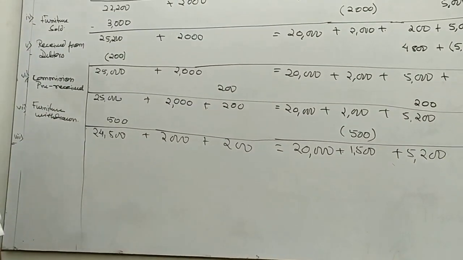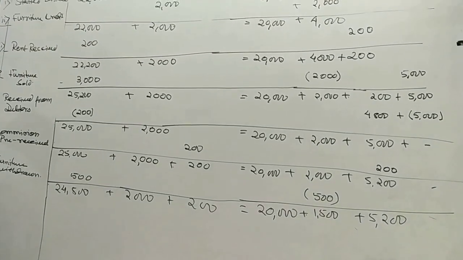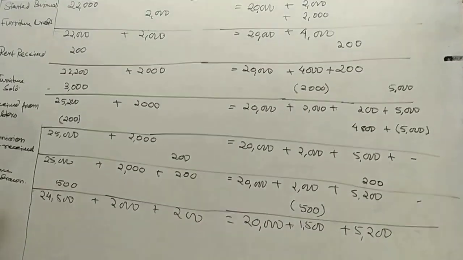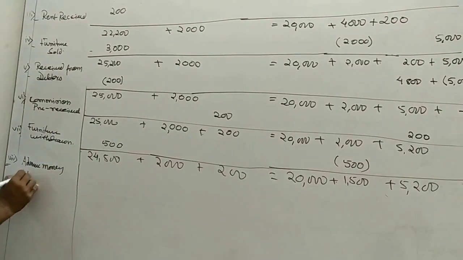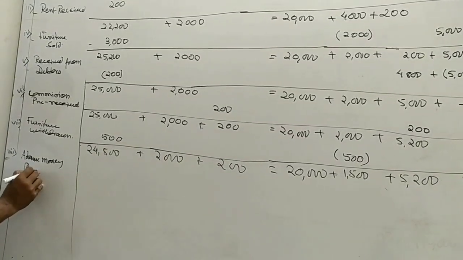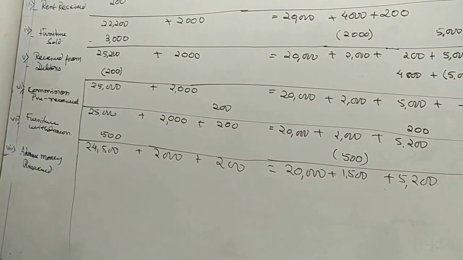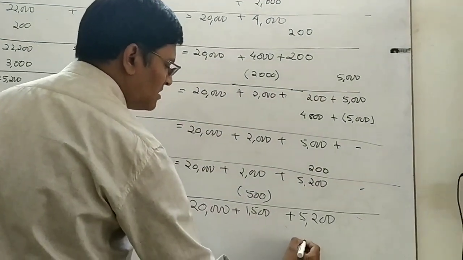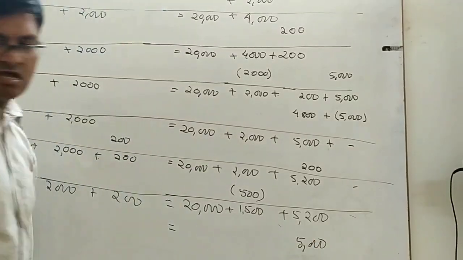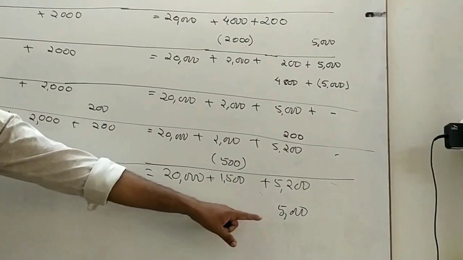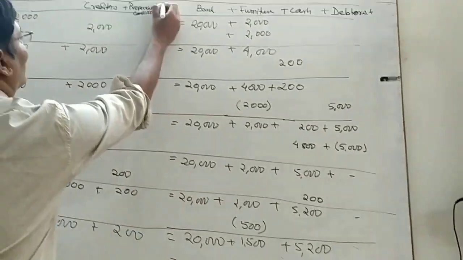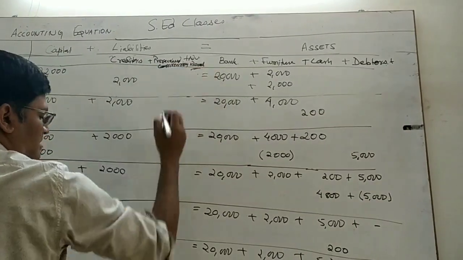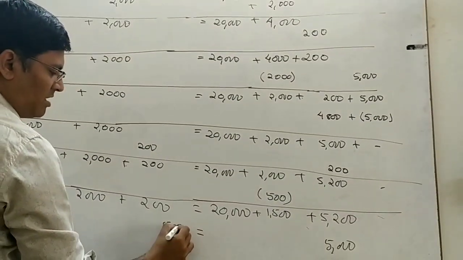Next one is received advance from a customer, rupees 5,000. We are receiving in advance. Advance money received from a customer will increase my cash in hand first. 5,000 we have received in advance. So my cash balance has increased, and my liability advance received will increase 5,000 over here.